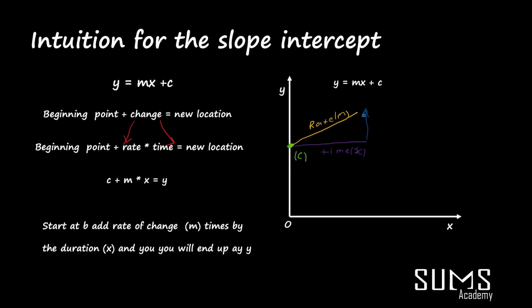The change is just m times x. That will finally give us a finishing point here, which is y.